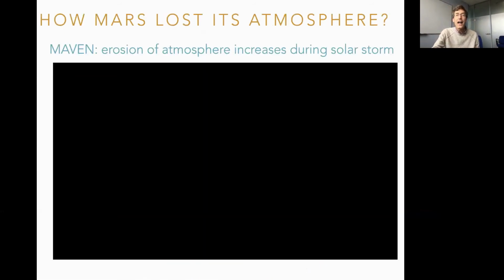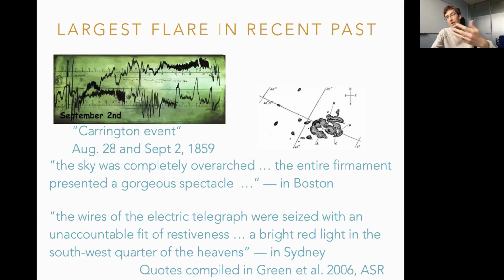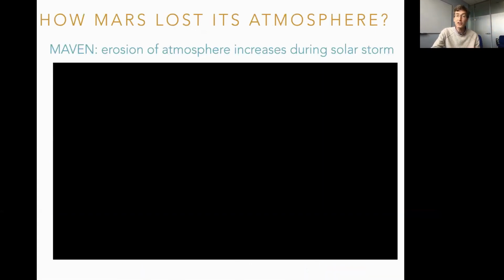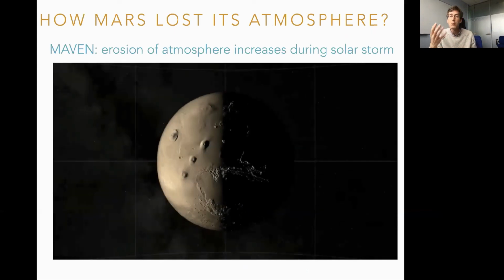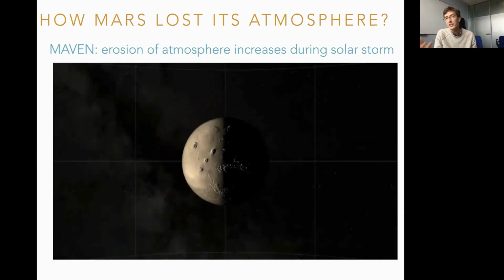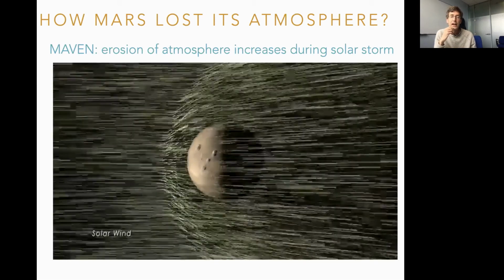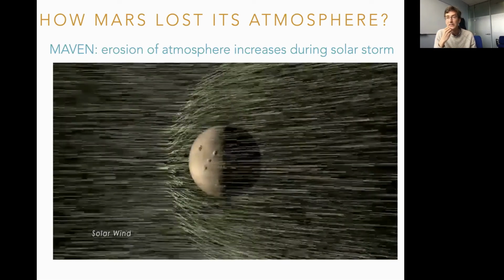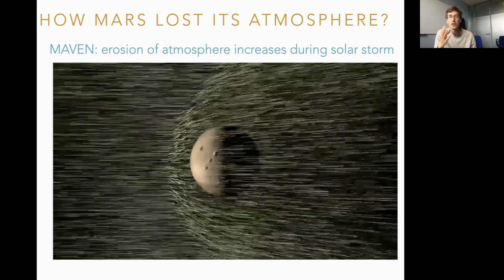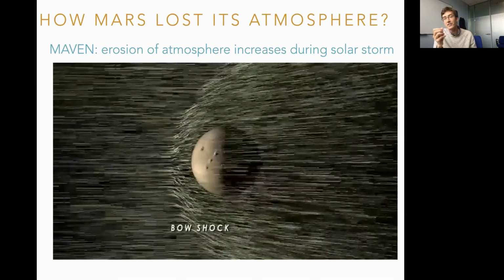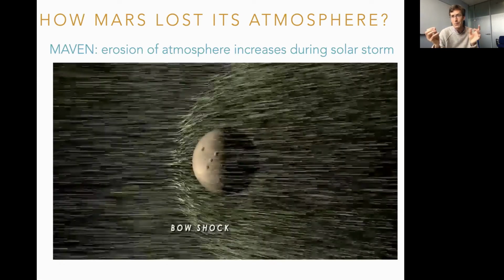And on a slightly grander scale, it may be that link between the outpouring of matter from a star like the sun and the interaction or not with a magnetic field may be part of what leads to some planets losing atmospheres and others not. So there's some neat stuff, neat puzzles, I should say, associated with this coming out of the MAVEN mission. So Mars has a very, very tenuous atmosphere today.